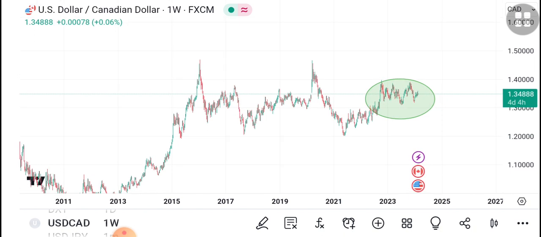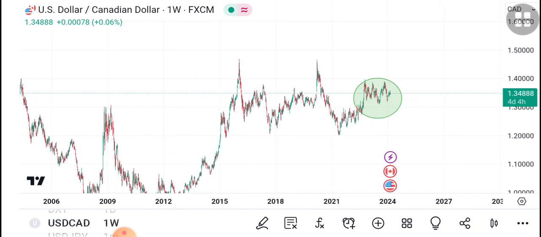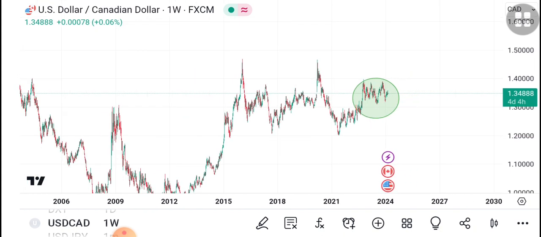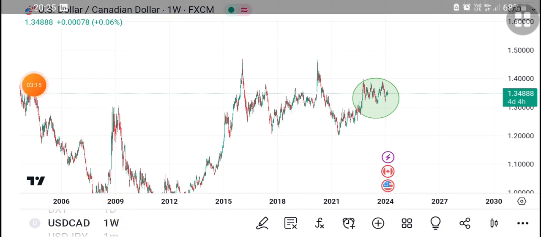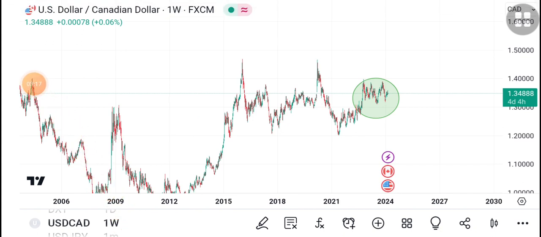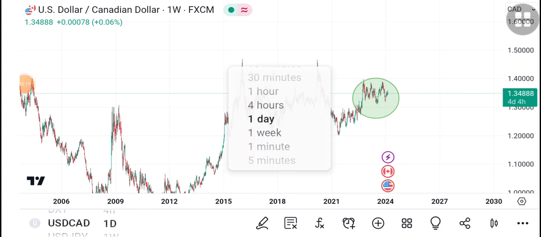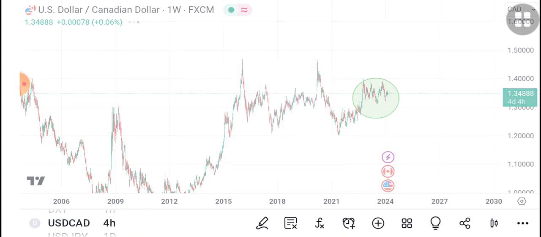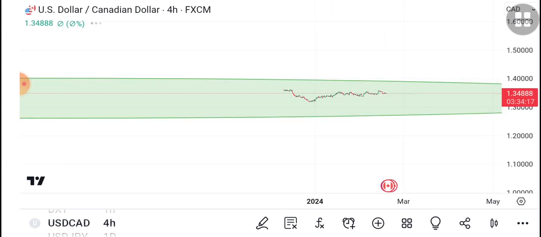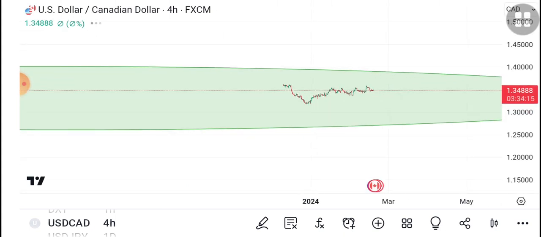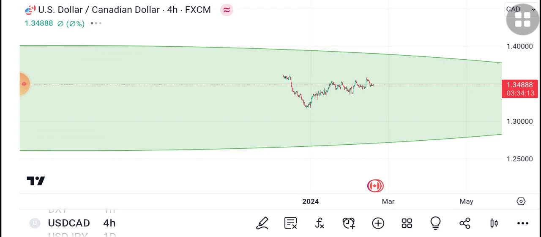What I've highlighted is that part. It looks like it's nothing big, nothing major, but what I've highlighted there will be broken down into a very huge structure when we go down into an even smaller time frame.